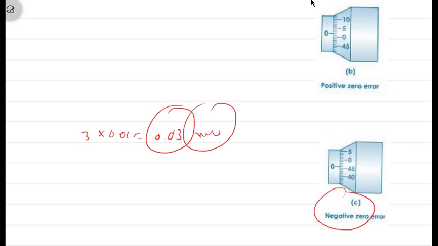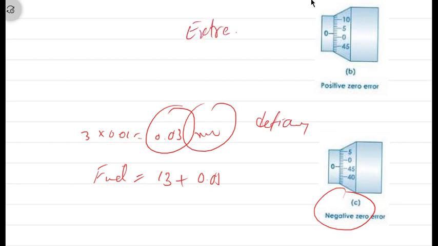So how will you remove it? Whatever the final result you have, after adding the main scale reading and the circular scale reading, let's suppose again it is 13. If this is a negative error, you have to add it, because this was a deficiency. In the positive case, it was extra, already existing. Here there is a deficiency, it is less.